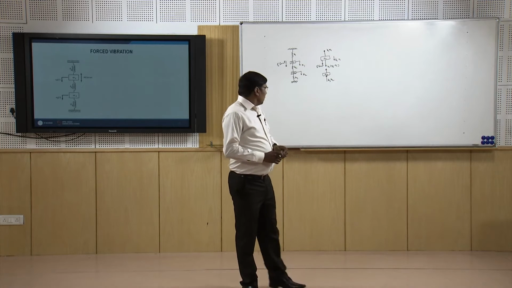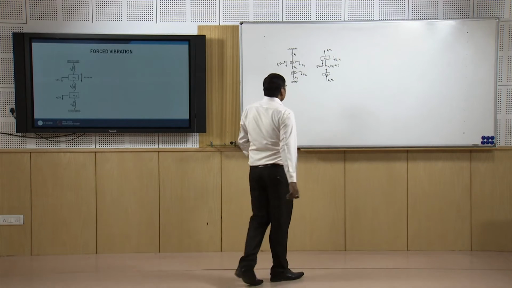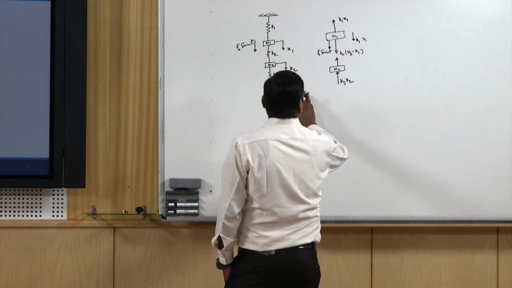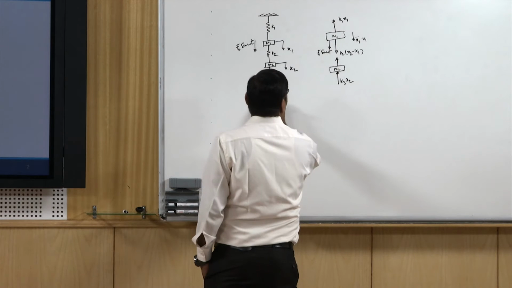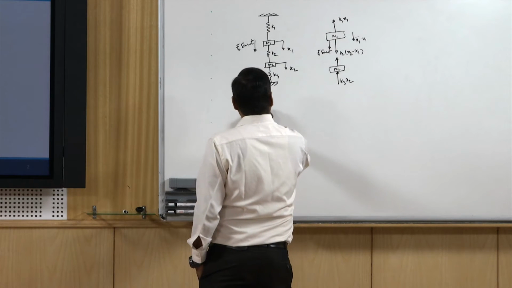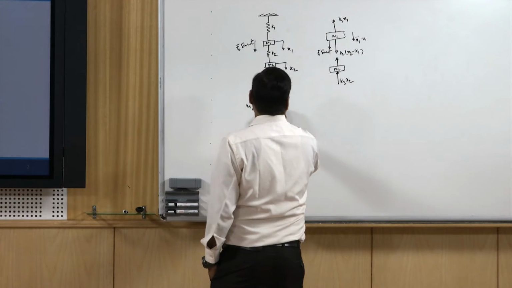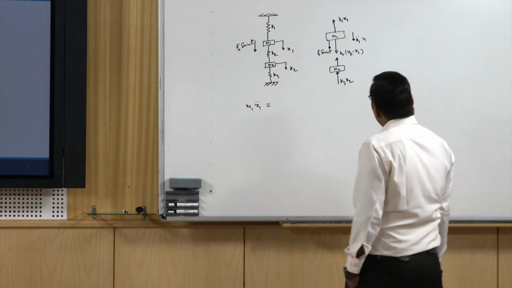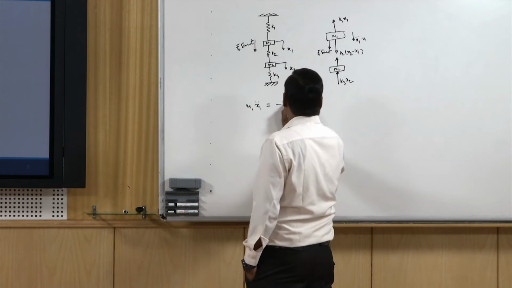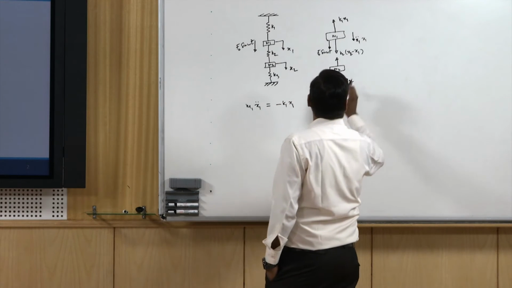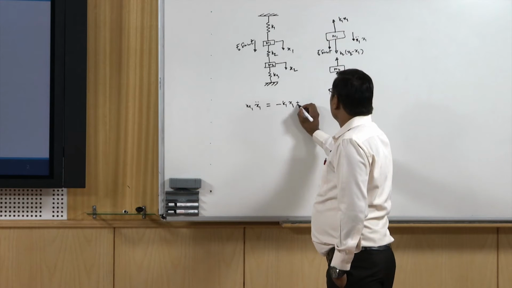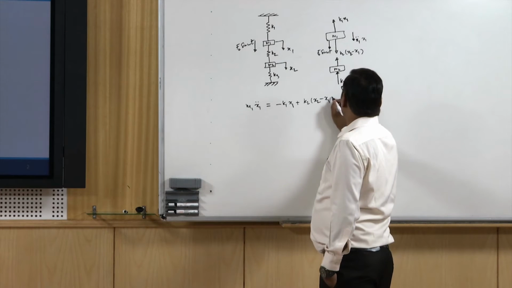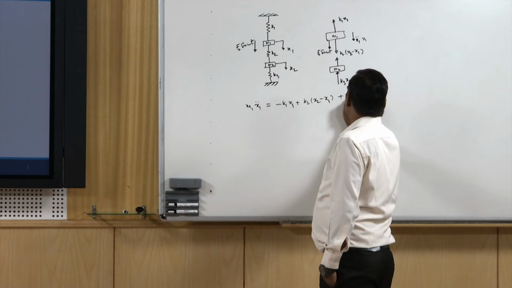Okay. So we have to write the equations. For the first mass m1: m1 x1 double dot equals the summation of the forces, which are minus k1 x1 plus k2 (x2 minus x1) plus F0 sin omega t.